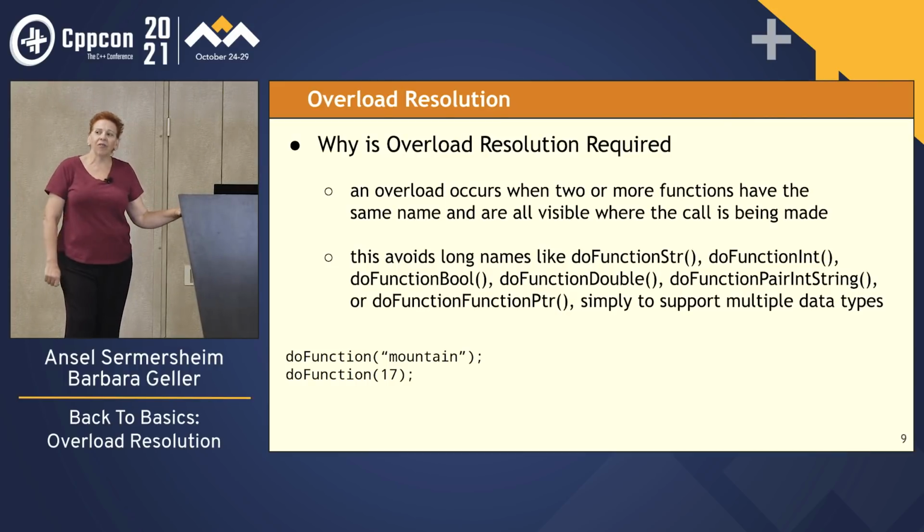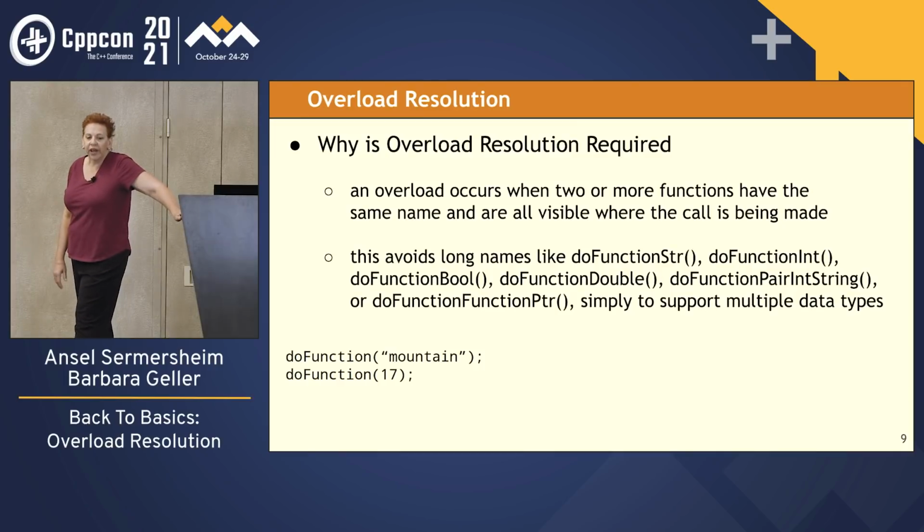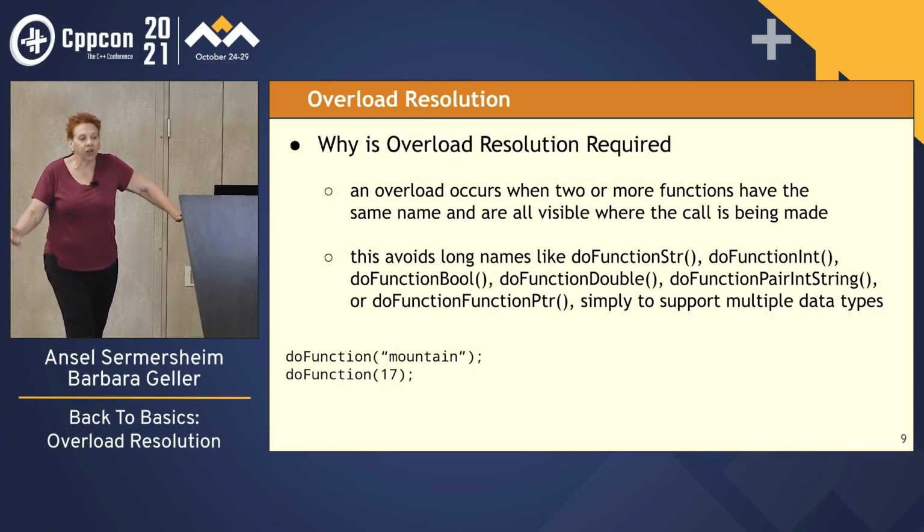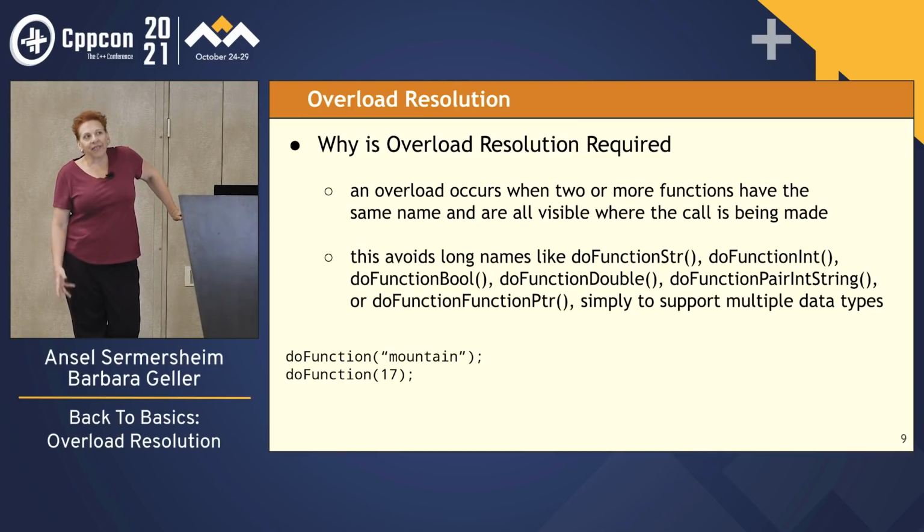If we didn't have overload resolution, we would actually have to have everything with a different name. That probably works on do function string or do function int or do function bool. But then it's going to get really messy really fast. Do function pair int string. I'm assuming that that would be a pair of an int string.